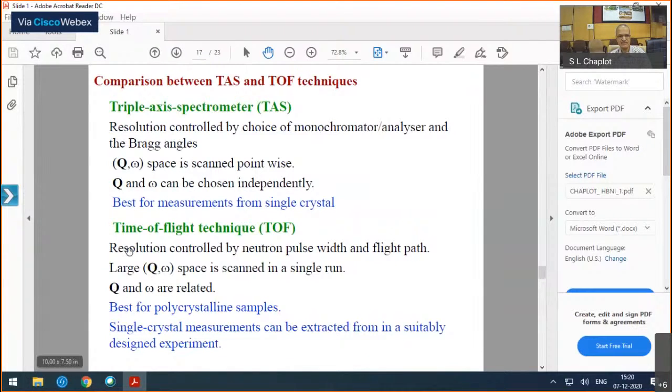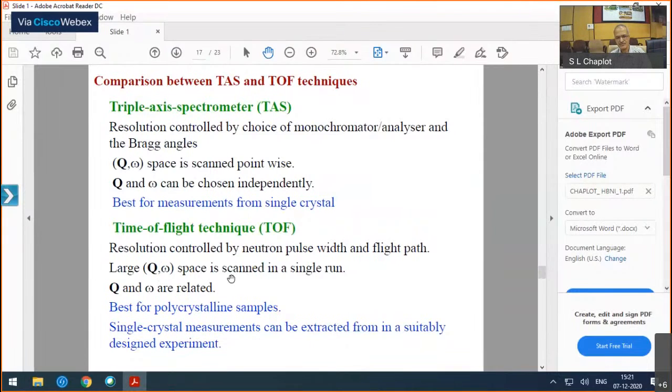In the neutron time-of-flight technique, on the other hand, the resolution is controlled by the neutron pulse width and flight paths. Here, in place of a point-wise scan, a large range of Q and omega space is scanned in a single run. On the detector side nothing is moving, and you just collect data for a reasonable amount of time, maybe a few hours.